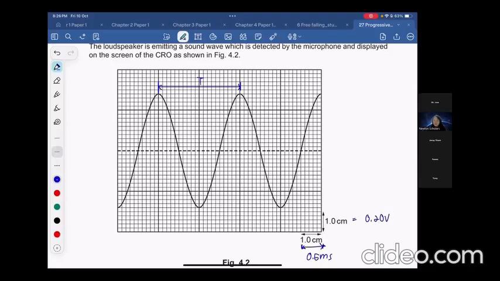Wow, correct. Good job. Wesley, correct. What is the unit? Do not forget the unit.